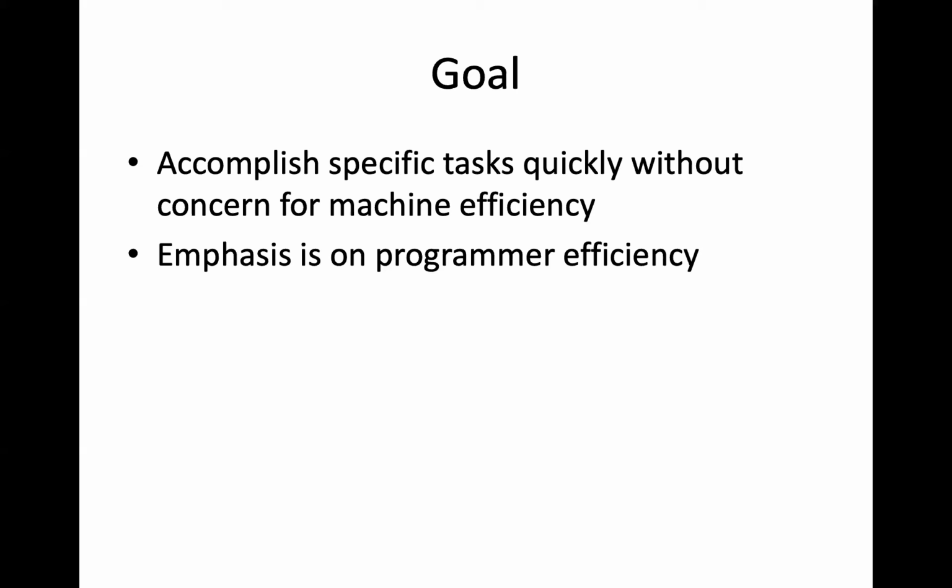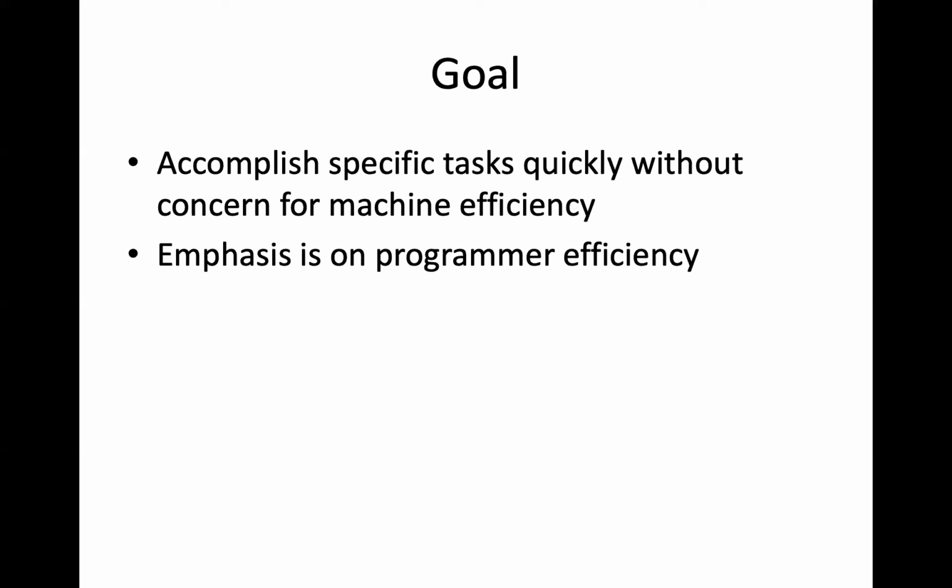But as I said, if no matter how efficiently or inefficiently I code it, it's only going to take a millisecond or 2, or I am not going to use it more than a couple times, then machine efficiency may not be important.